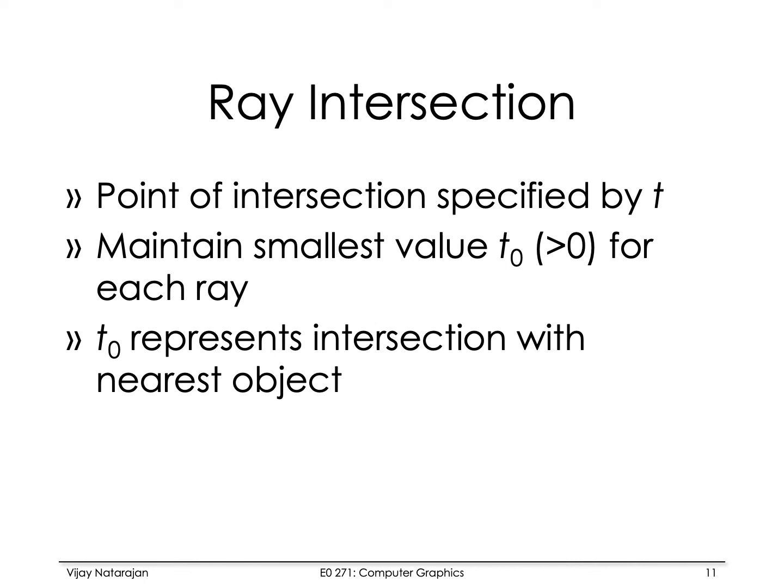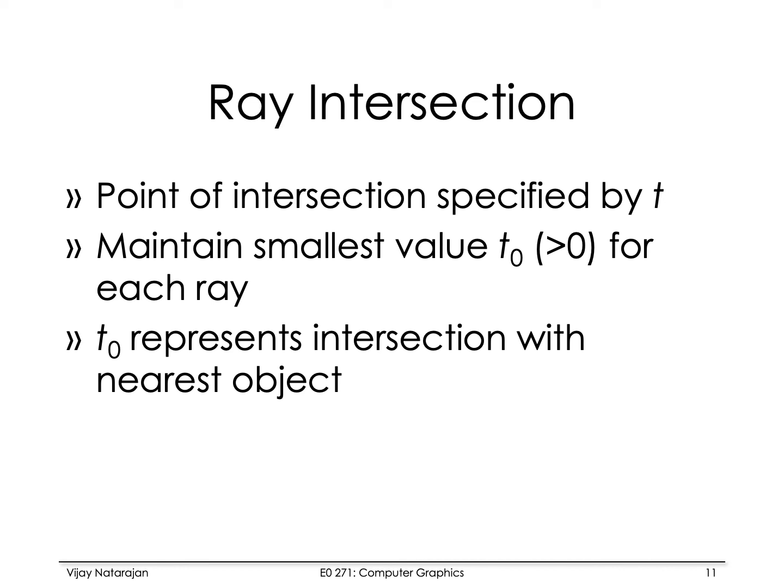Let's say that the point of intersection is specified by the parameter t. The solution could actually consist of multiple values of t. For example, a ray intersects a sphere at two locations. If an object is specified as a collection of triangles, then a ray could intersect that particular object at multiple triangles, so with multiple values of t.